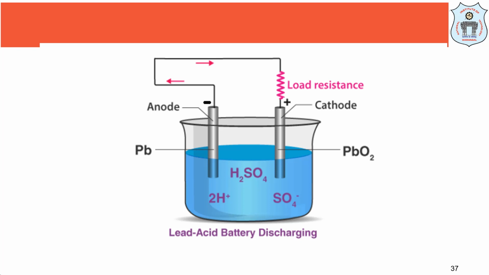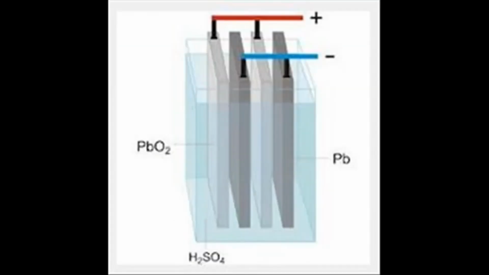So these lead peroxide and spongy lead plates are connected externally through a load. So that load is connected externally between these two plates of lead peroxide and spongy lead. What happens to the electrolyte sulfuric acid? It will dissociate into H plus ions and sulfate ions.